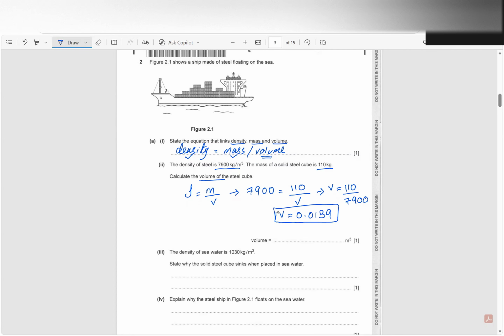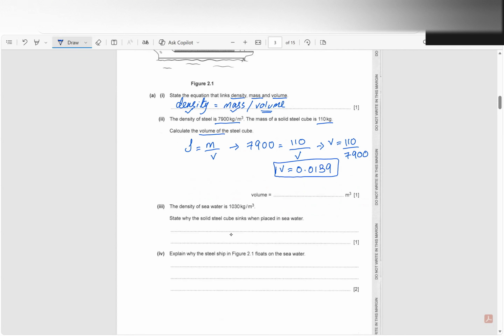Moving on. The third part says the density of seawater is 1030 kg per meter cube. State why the solid steel cube sinks when placed in seawater. Why exactly is the solid cube sinking when placed in seawater?